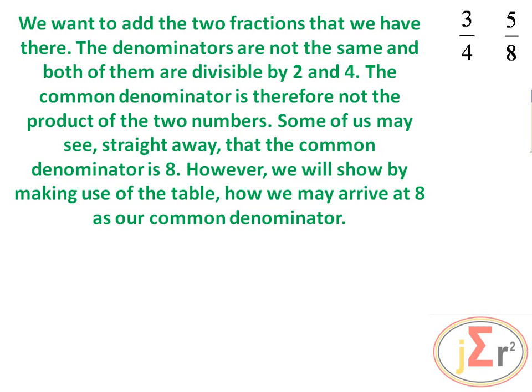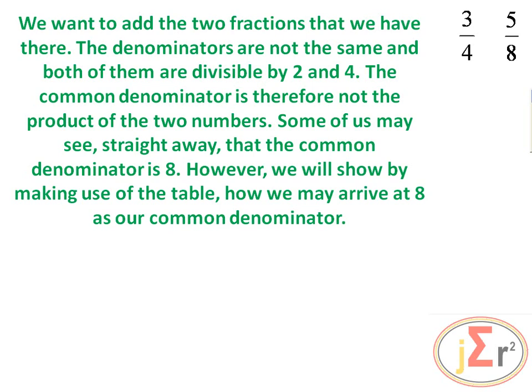Why? Because the 2 denominators have common prime factors. As a matter of fact, they have a common factor that is not a prime number. The common denominator is therefore not the product of the 2 numbers.